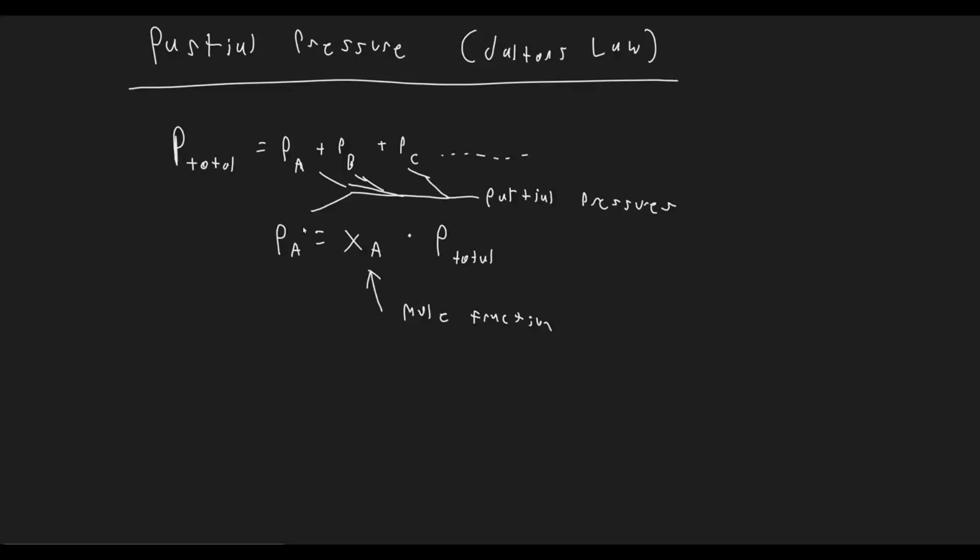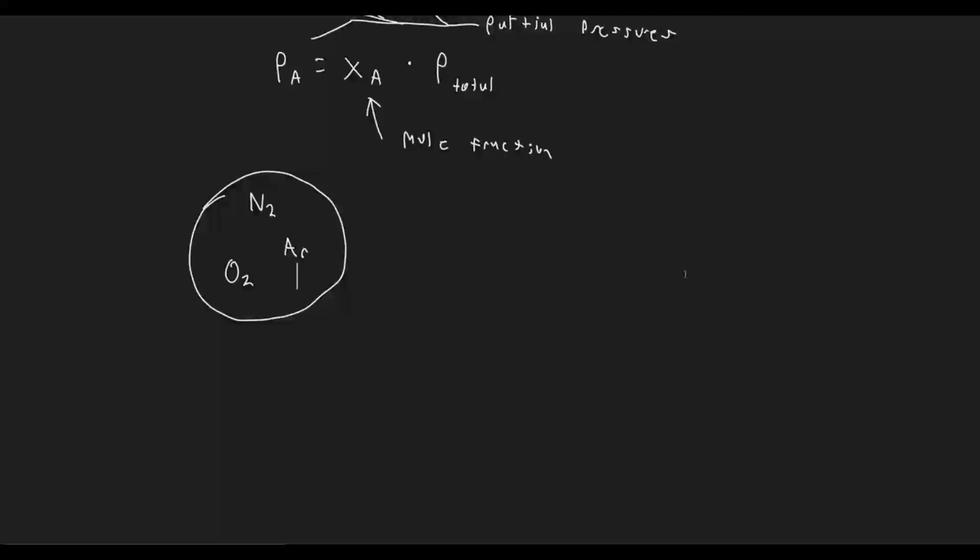So let's say we have a chamber, and in this chamber we have nitrogen gas, oxygen gas, and argon gas. What we would say is the P total is equivalent to the partial pressure of the nitrogen gas plus the partial pressure of the oxygen gas plus the partial pressure of the argon gas.